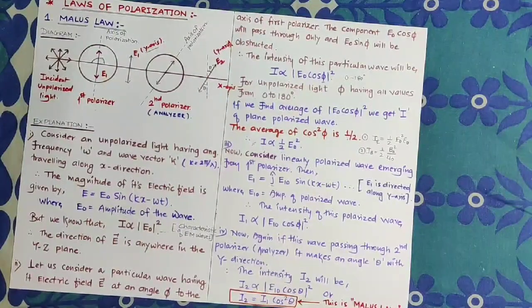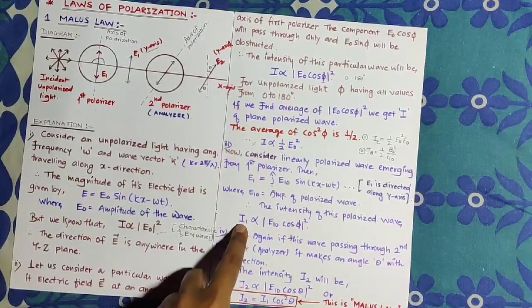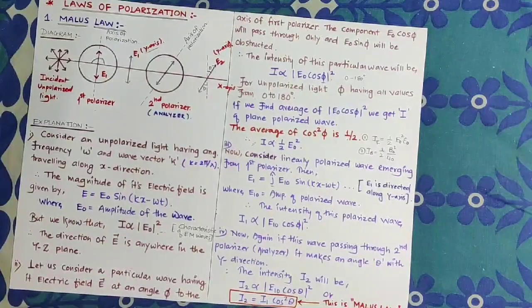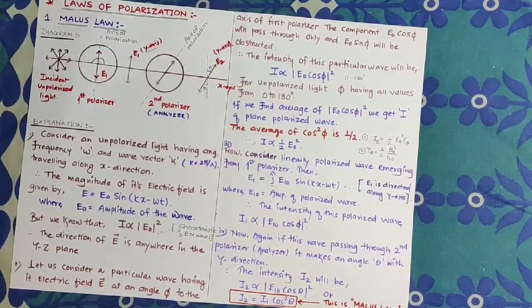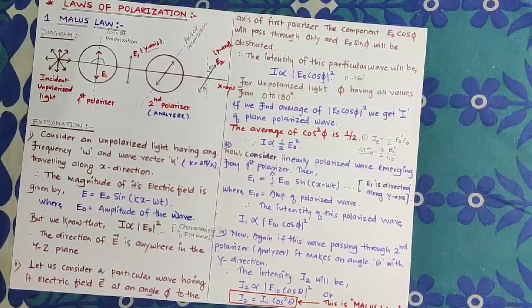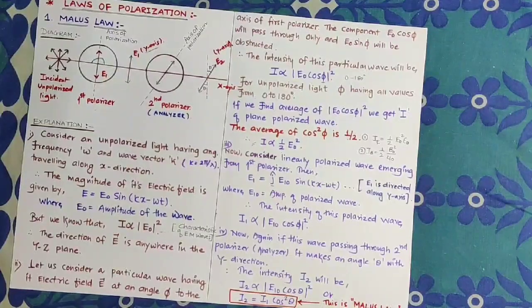Instead of E10 we can write I1, because E10 represents I1. So therefore I2 is equal to I1 into cos square theta, and we know that the average of cos square theta is equal to half. Therefore we can write I2 is equal to half I1, and this is called Malus law for polarization.